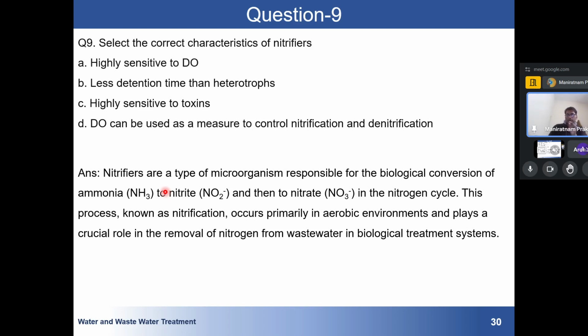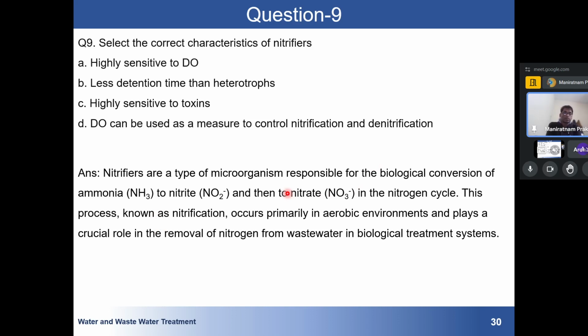When microbes degrade organic matter, C is converted into CO2 and N is converted into N2 gas. But there will be some in the form of ammonical nitrogen, that is ammonia. That has to be converted into nitrite, then to nitrate with the help of nitrifiers, and then this nitrate can be removed from the system.